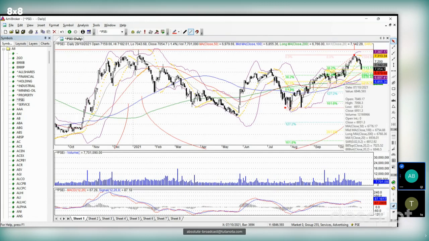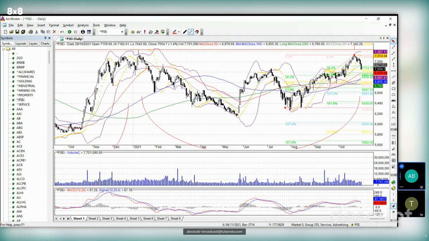So, yeah, ang only thing na pwede natin sabihin ngayon as far as the index is concerned is just wait it out, see what happens. Ingat-ingat lang muna. Huwag tayo masyadong aggressive. Hindi malinaw yung direksyon ng index ngayon. And in fact, MACD tayo, no? Your MACD just crossed down.